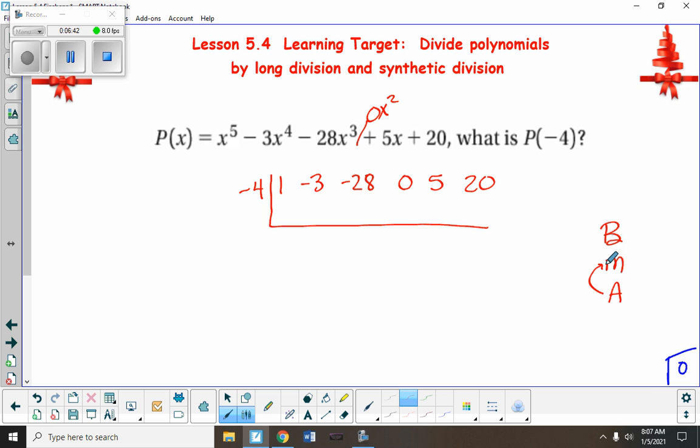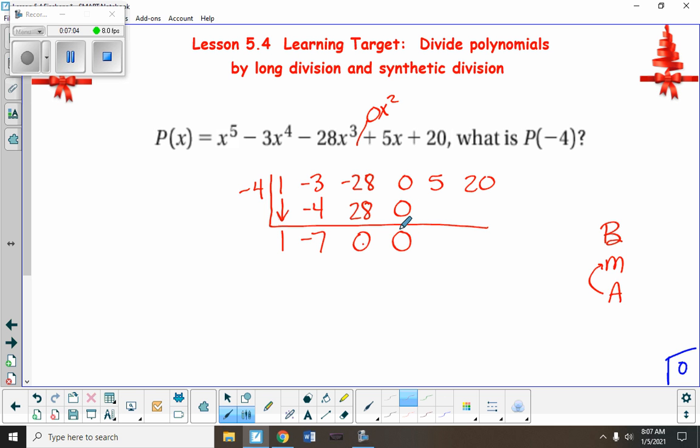Okay, you can pause it if you're not quite done yet, but first of all, we bring down the 1, and now we multiply, so you get negative 4. And then you add, which is a negative 7. Now again, we multiply, we get a positive 28. Add, you get a 0. Multiply, you get a 0.